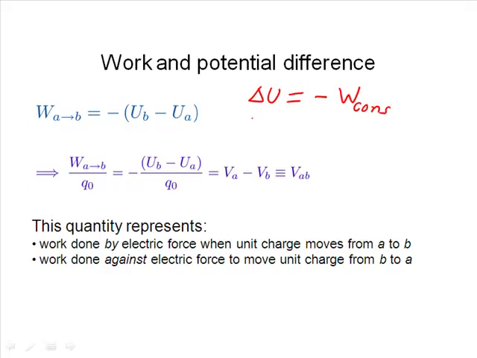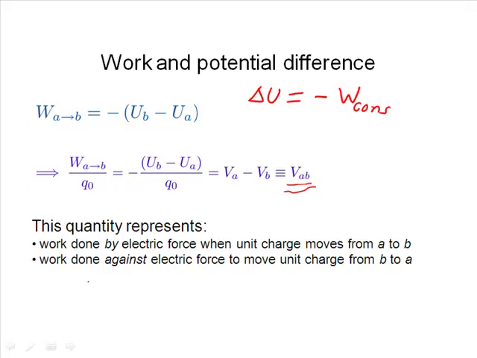So the work done by electricity in moving from point A to B is minus the change in potential energy, or minus U_B minus U_A, the final minus the initial. But then to turn that into a voltage, we simply divide it by the charge. We get the potential energy divided by the charge, but that's just the voltage at A, the electric potential at A, minus the electric potential at B. And we call that the voltage difference between A and B. It's the voltage at A minus the voltage at B.